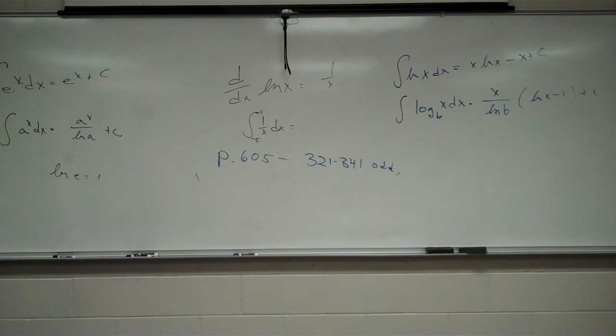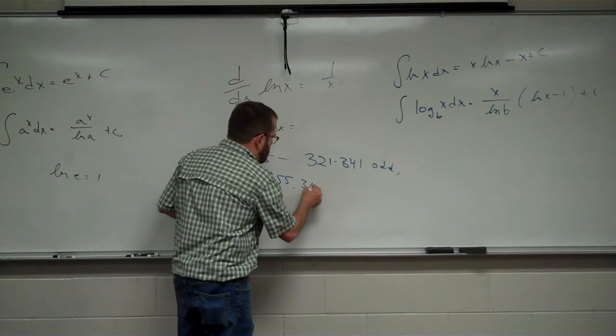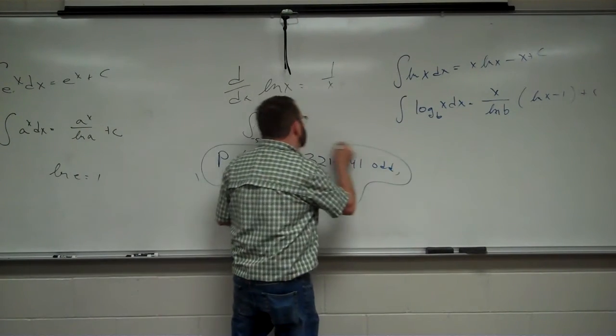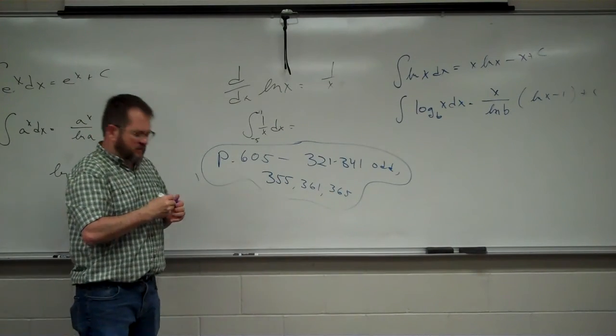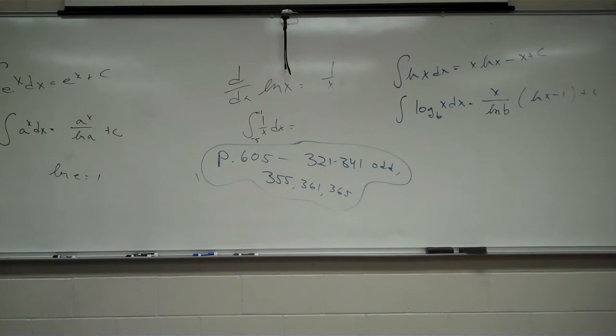I'd like you also to do 355, 361, and 365. These are all just applications of those couple of rules that we learned about integrals of exponentials and integrals of logarithms, and they all have substitutions in them. Really more exercise on substitution. All right, well, that's no big deal. You'll have that done in no time.